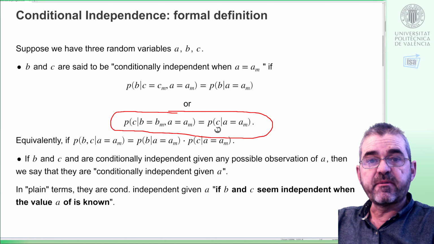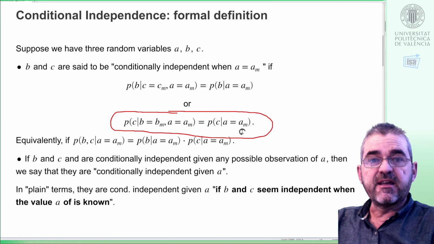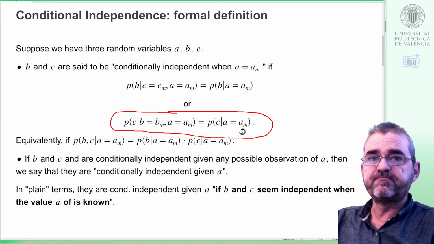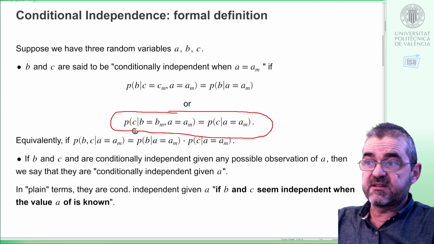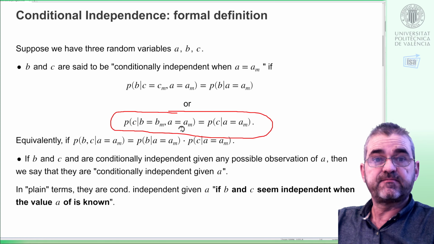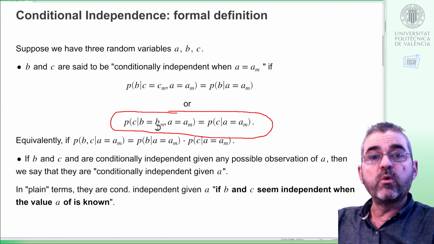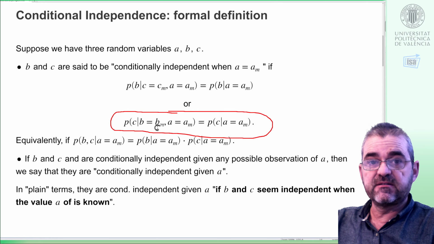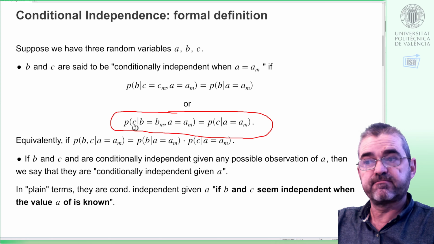The conditional probability of C, assuming I know that A takes a given value AM, if it is coincident with C knowing B and A, means that once I know A, knowledge of B is not relevant in order to change my belief about C, my probability distribution.